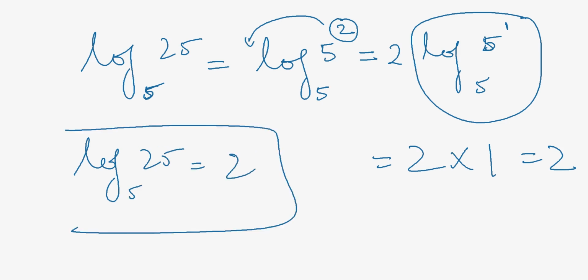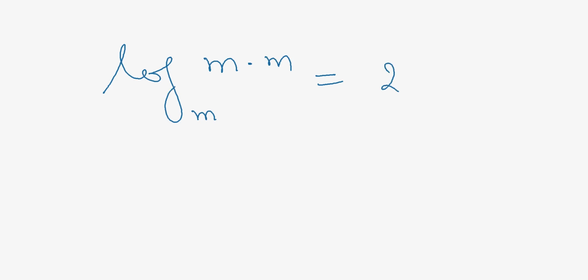Good. But there is a procedure happening here. Do you see that? Okay. So let's say you have log m multiplied with m to the base m. The answer is 2. Okay, so I will quickly expand this and show that there is a thing going on here.